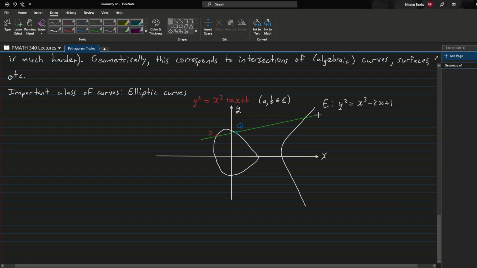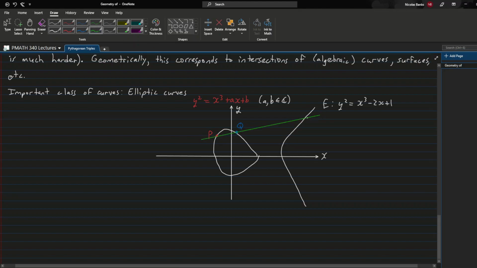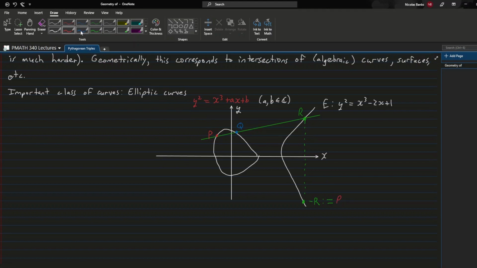That straight line that goes through those two points hits the elliptic curve in a third point, call it R. Then we reflect that point about the x-axis, so we flip it down here. That's what we call the negative of R. But we define that to be equal to the sum P plus Q.